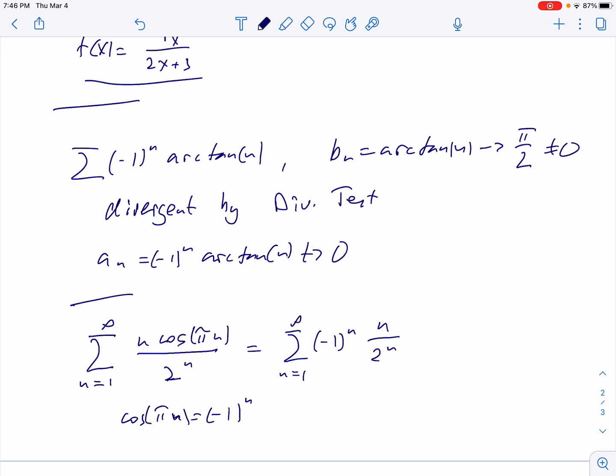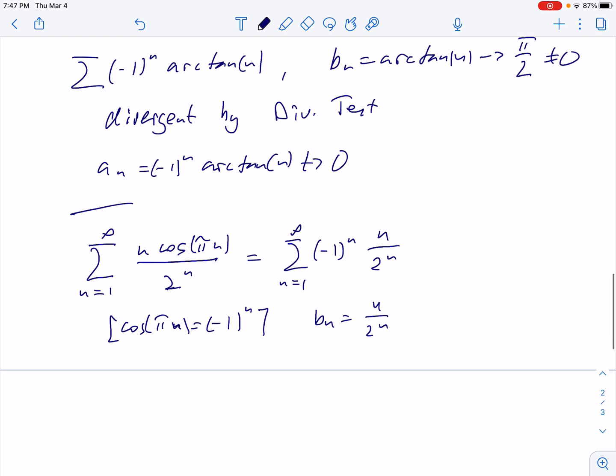And the positive factor b sub n is n over 2 power n, and we can find the limit of this by using L'Hopital.